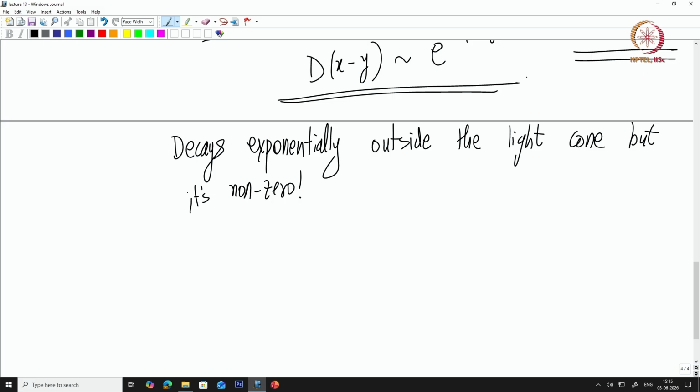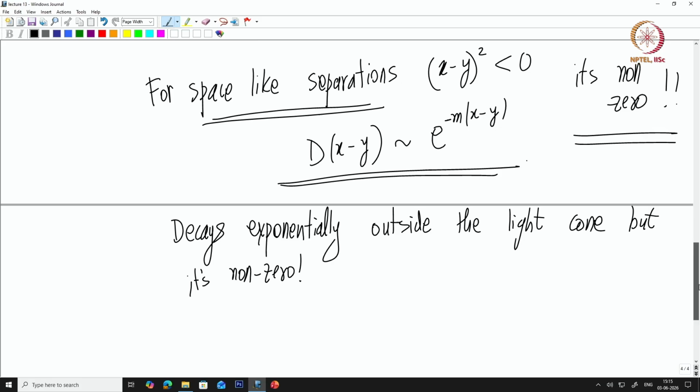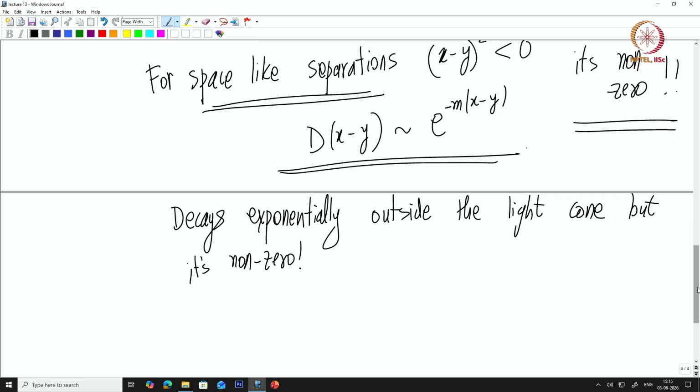Now you might worry: it is still there, so what about its contribution, say the contribution coming from space-like separations in a process? We will soon move to calculating processes like what we have seen in the S matrix, where the propagator plays a role because it contributes. What about contributions from space-like separations in the S matrix?